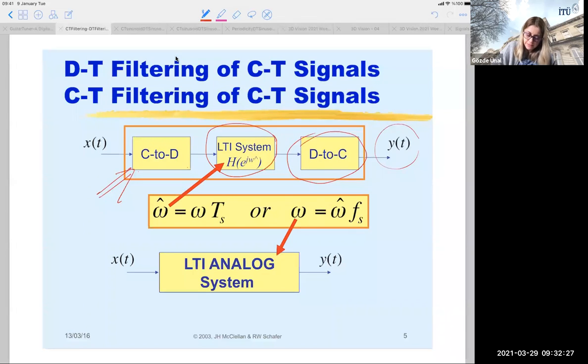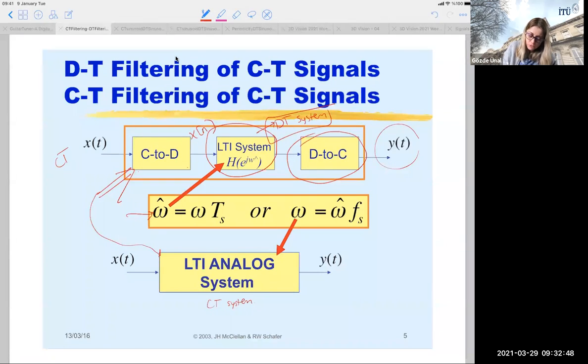Here I have my discrete time signal x of n with its own normalized frequency omega hat, and the overall analog system would be x of t directly multiplying to y of t. This is a continuous time system, but this is a discrete time system. We will study both of them, okay?